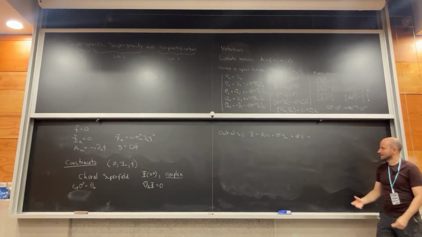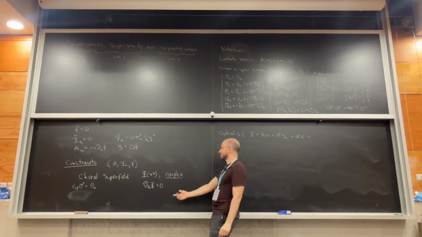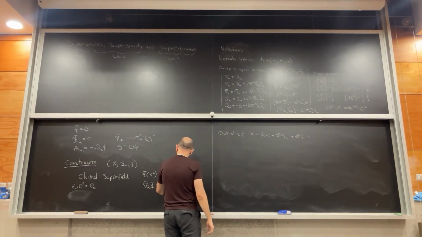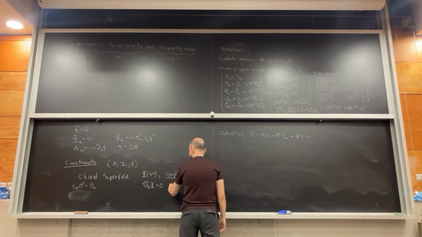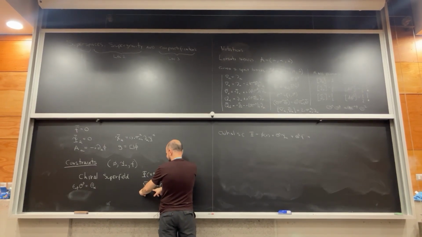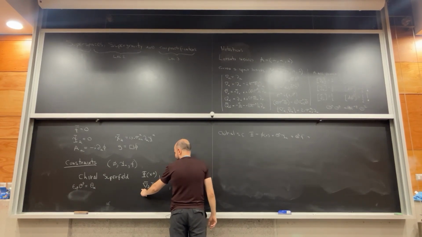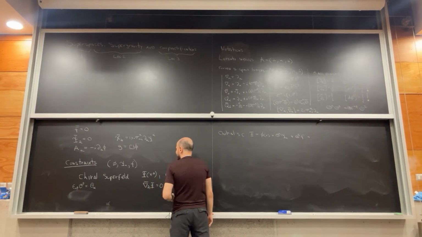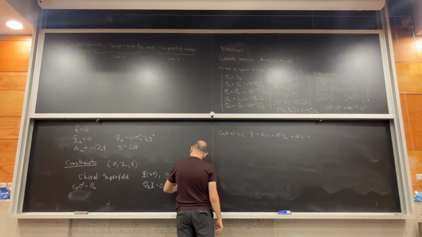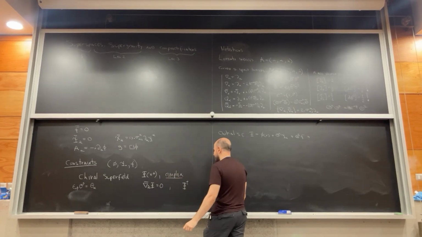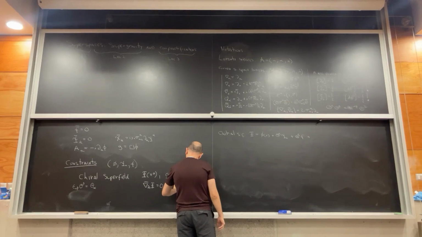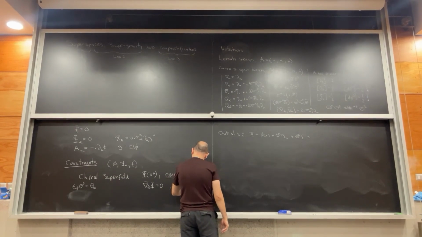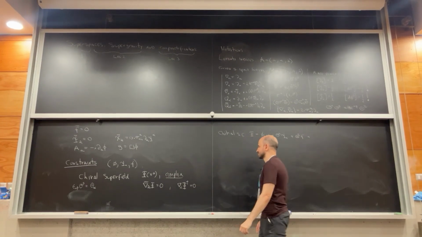Okay? So together with a chiral field, I also have the anti-chiral field, which is another complex field that satisfies the Hermitian conjugate of this one. So an anti-chiral field that I'm going to call phi dagger satisfies this equation.